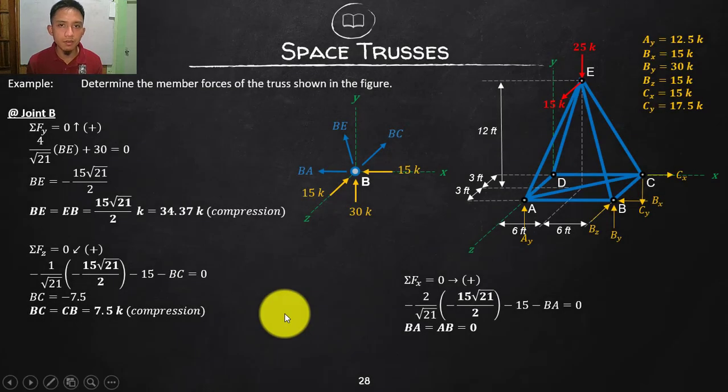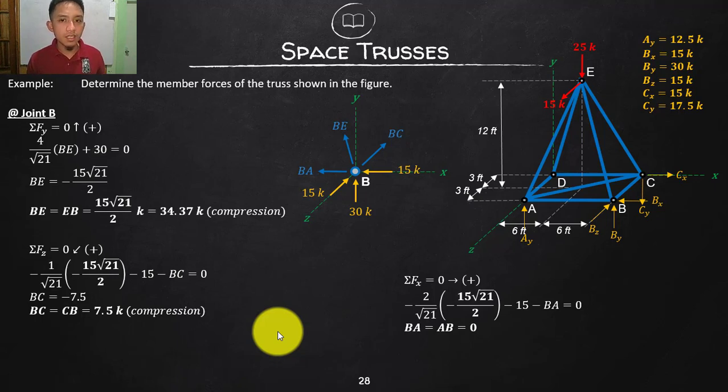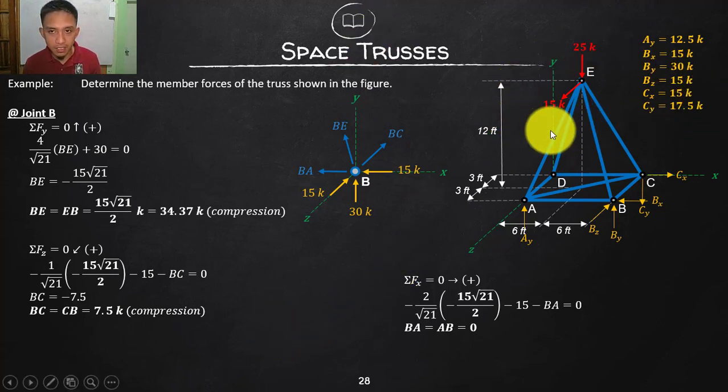Let's proceed now to calculating the member forces. As I mentioned earlier, we can actually mix together the method of sections and the method of joints. But of course, it will be a little bit tricky in a space truss if you are using the method of sections.